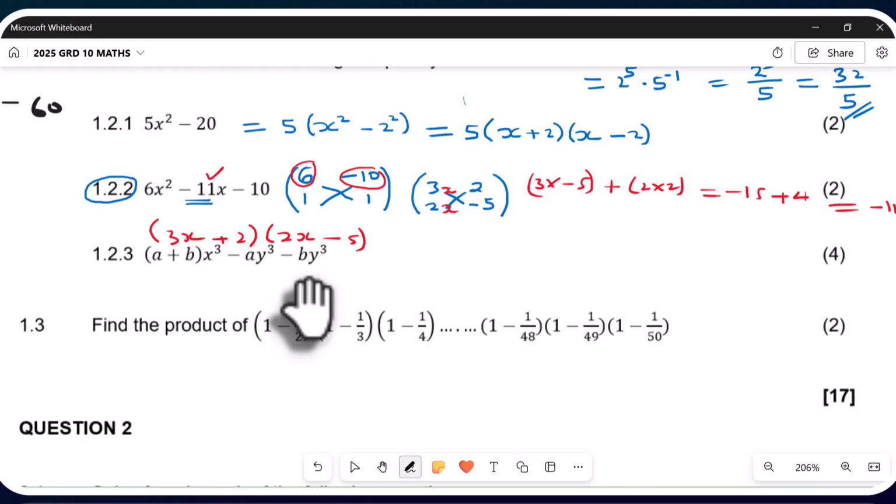Then the next bracket here is gonna be x squared plus xy. Then for the last sign, always check what you have here. Because we have a minus here, this must be a plus here. So plus y squared. That's it. There you go.